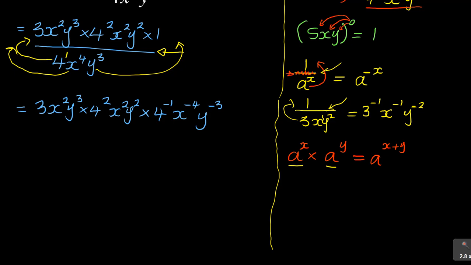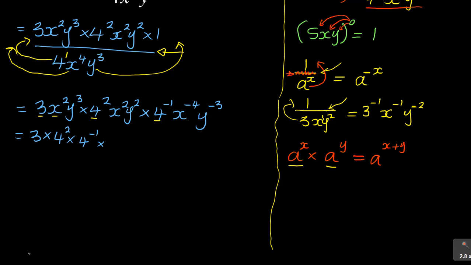So let us collect some like terms. We start with the numbers. I have got 3 times 4 squared as the first one, and I'll be marking it so that I don't lose anything, times 4 to the power negative 1. I have done the numbers. Now let me go for x.